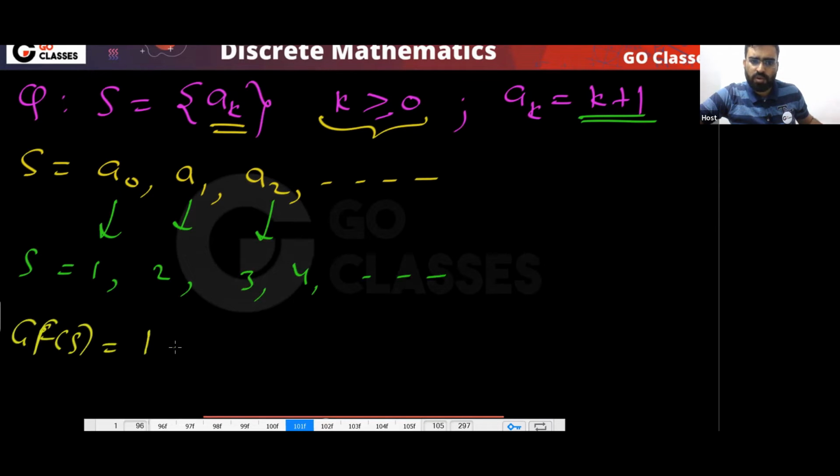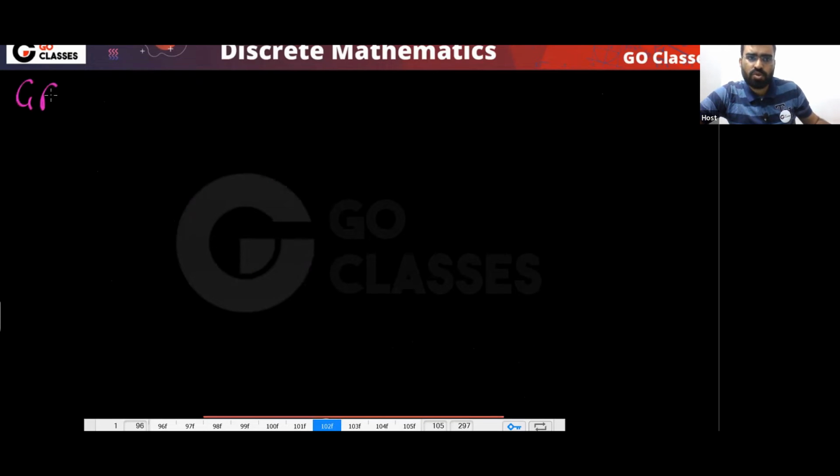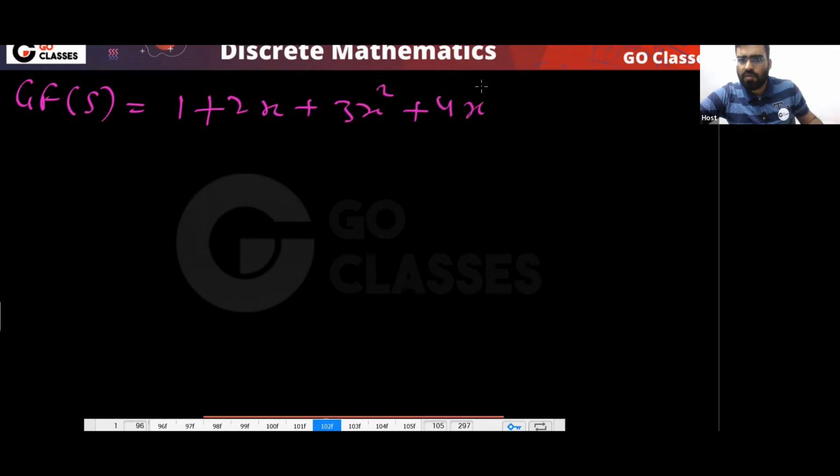Now, the generative function for this sequence will be 1 into x power 0 plus 2x plus 3x square plus 4x cube and so on. Which series is this? This is your infinite AGP series.